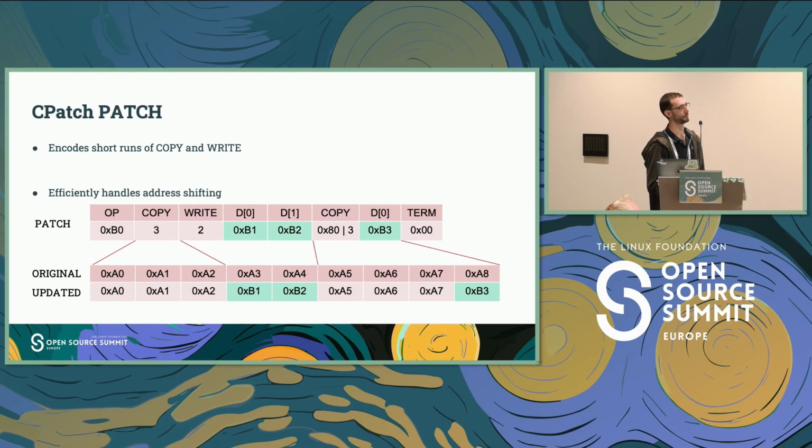But what we've figured is that by sacrificing one of the bits in the copy length, you can signify that, hey, after this copy, we have a 1 byte write. So we can apply the copy, copy in the 1 byte, and jump straight to the next copy instruction, which saves a byte, but with a real application where you have hundreds or thousands of these operations, that translates into kilobytes of savings.